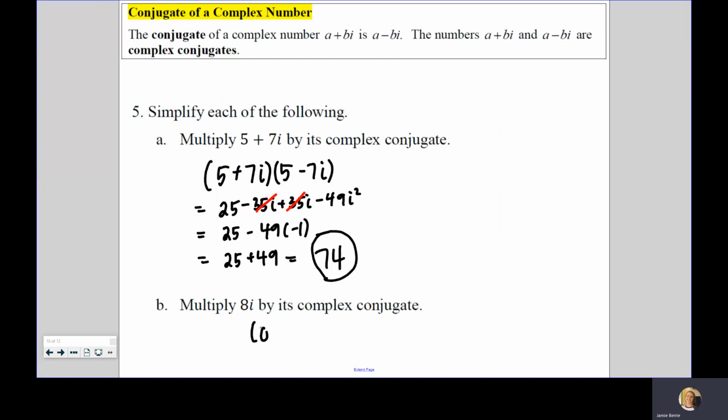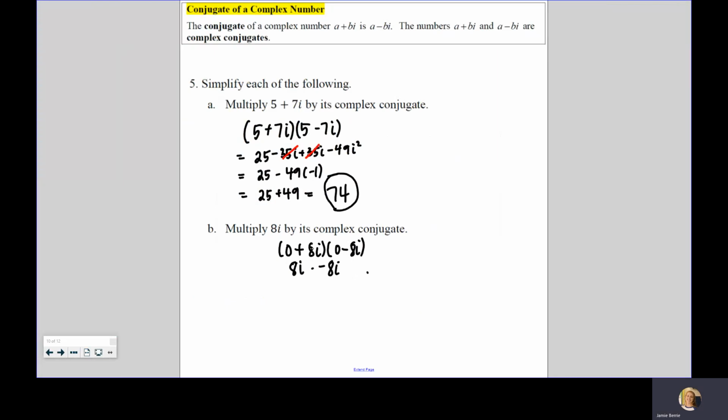So that's going to be 0 plus 8i times 0 minus 8i, the complex conjugate. This is the same thing as just doing 8i times negative 8i.